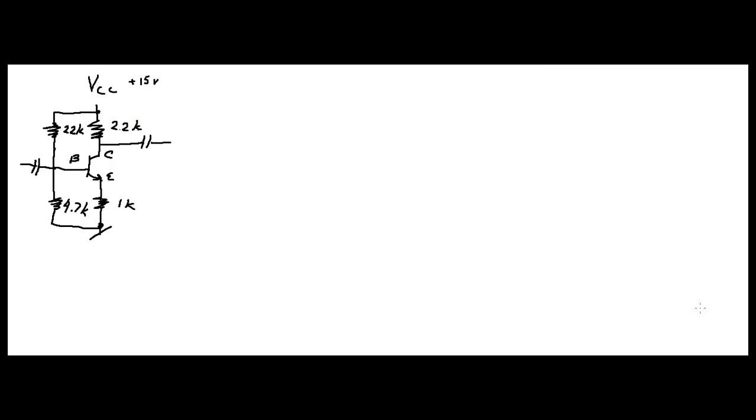All right, everybody, let's do a problem. I wrote a circuit right here, and I included the capacitors for both the output, which is right here, and the input, right?